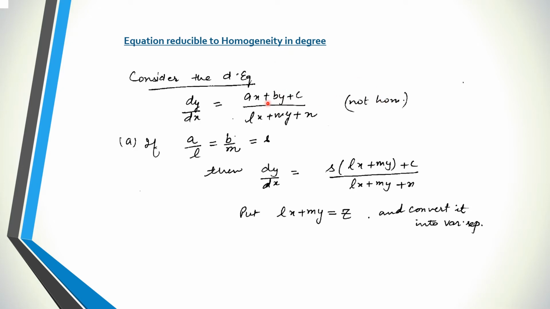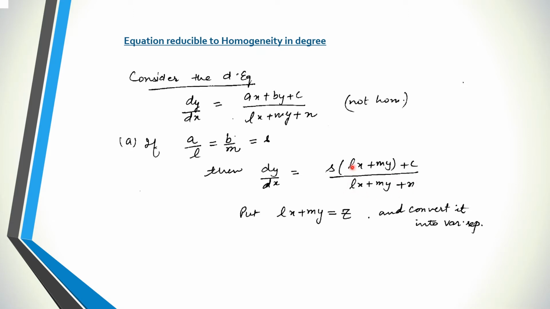Now case 1: if a by l is the same as b by m, if this ratio is equal, we can put it equal to some number s. So we can write a as s times l, b as s times m, and substitute over here.